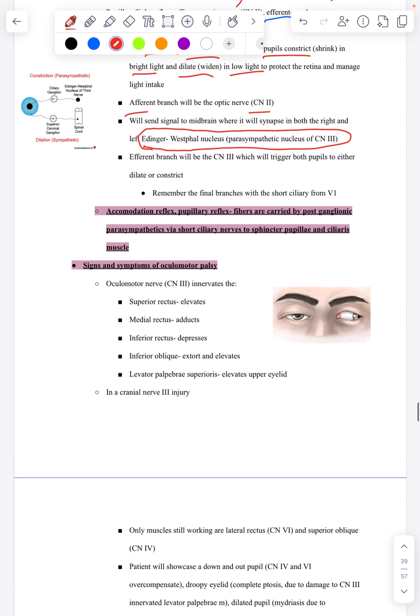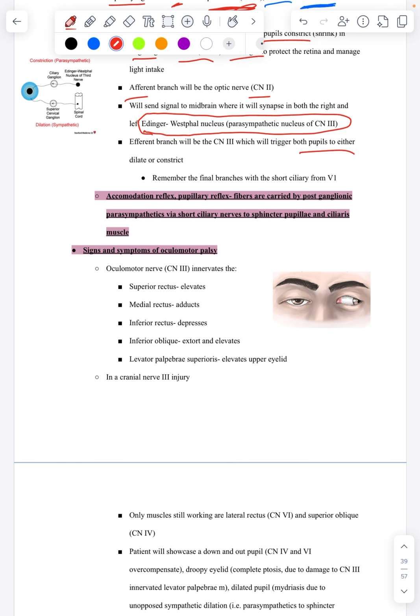Again, this is all neural stuff. And then it'll make both pupils constrict. So you shine a light in the right eye. Your optic senses it. Your oculomotor will make it constrict, but it also makes the other eye constrict. And then vice versa.